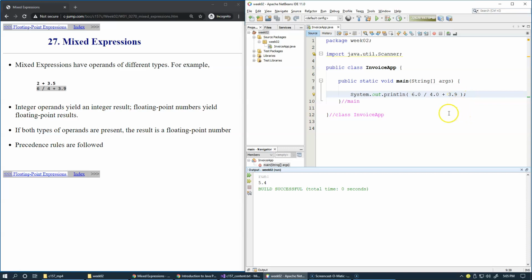So just be careful with these expressions, and remember that if you're really thinking about doing floating point arithmetic and applying those kinds of rules, be sure to be clear about all the parts of your expression and make sure that you keep them the same data type.